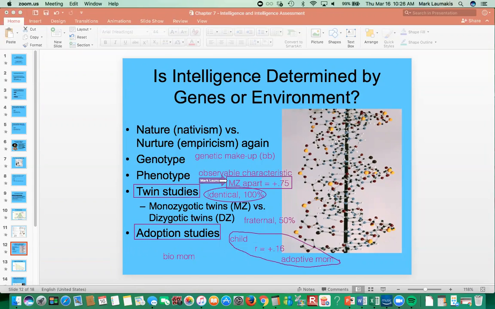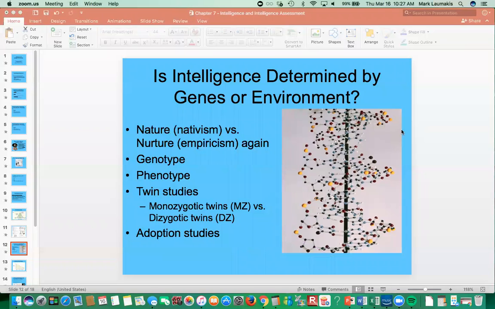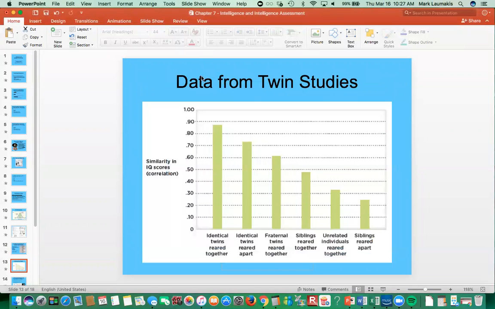Here's what I'm going to do. I've got 2 more slides that I want to get through today. The first slide is going to be 3 pieces of evidence that suggest that genes contribute to intelligence. The second slide is going to be 3 pieces of evidence that suggest that environment contributes to intelligence. So let's do the genetic slide first. Okay, let me clear what I've got here and jump to the slide on data from twin studies.